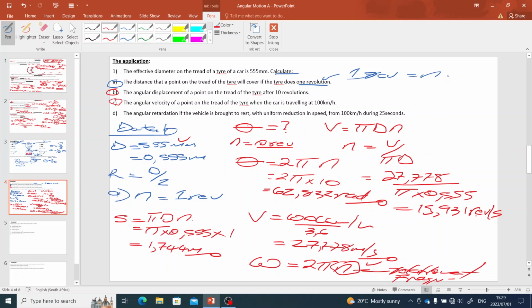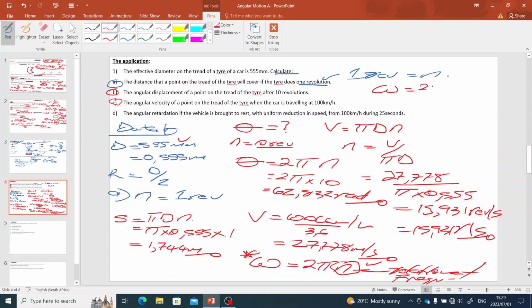Don't make a mistake. This is what? Rev per second. You can say 15.931 rev per second. Now they want us to calculate the omega. We are now in a position to use that formula and calculate omega.